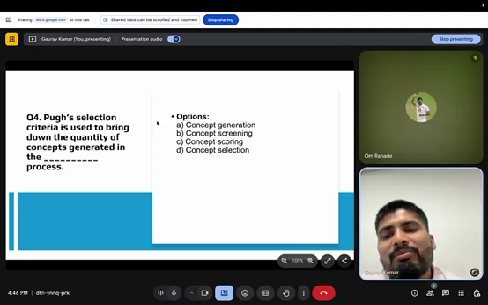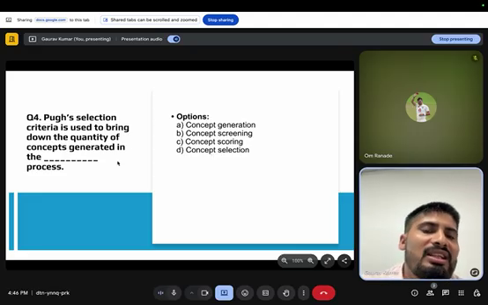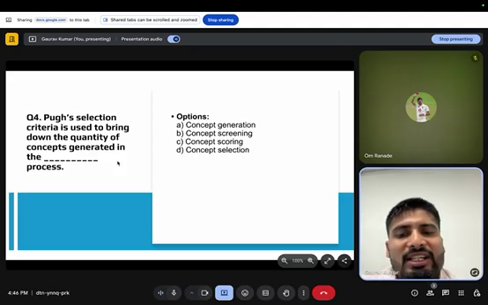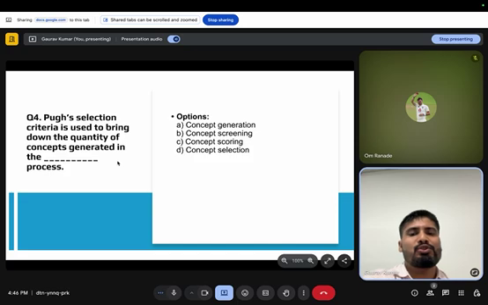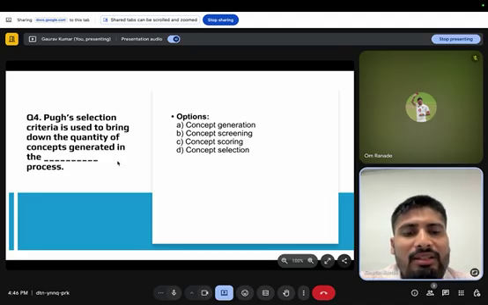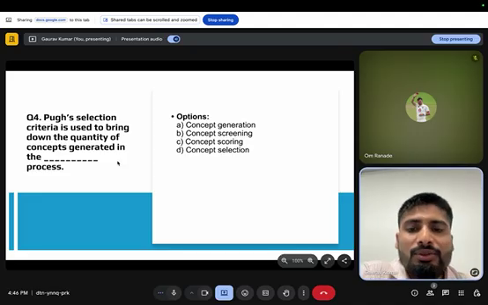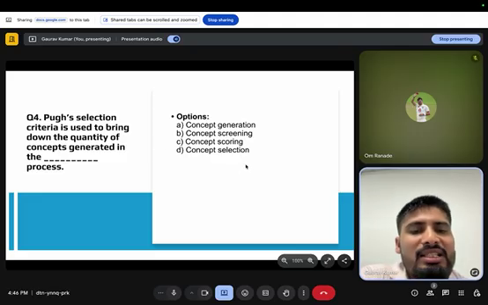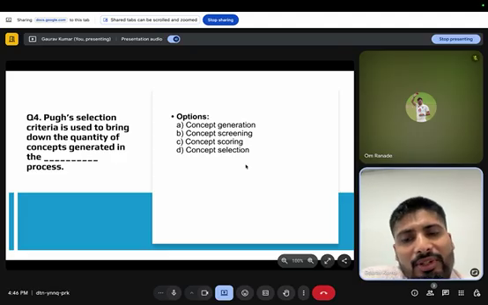So the strength of the Pugh method lies in its simplicity and structured comparisons. It allows multidisciplinary teams to evaluate ideas consistently without requiring detailed quantitative data. By focusing on relative performance, it promotes discussion and consensus within the design team.